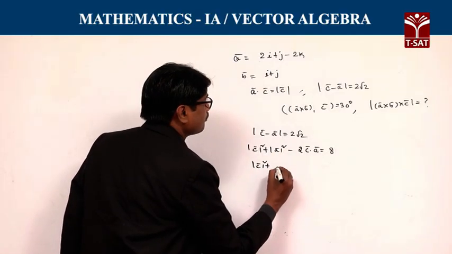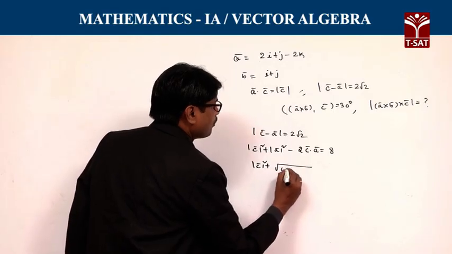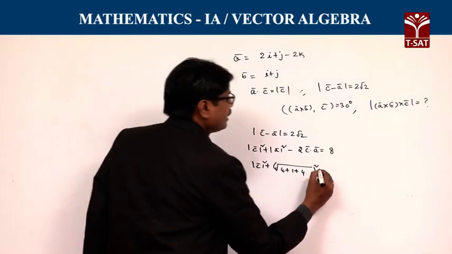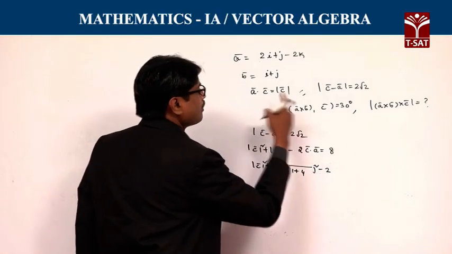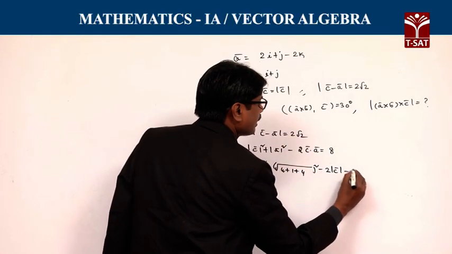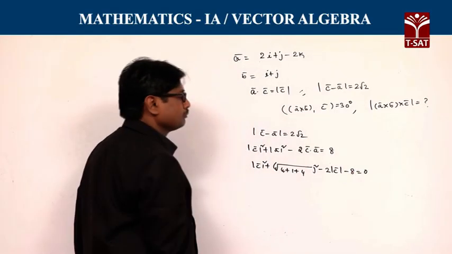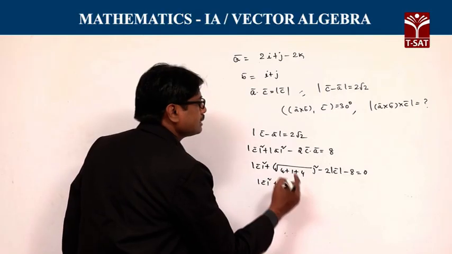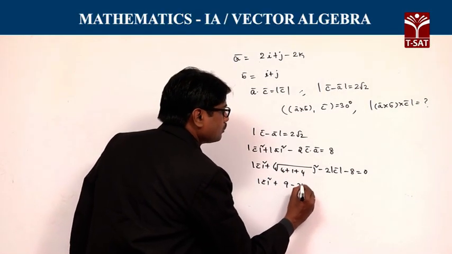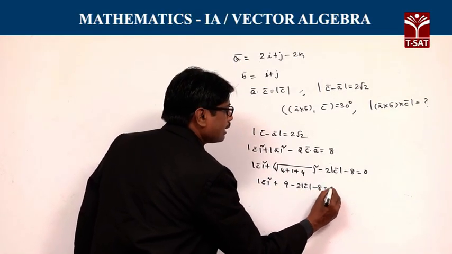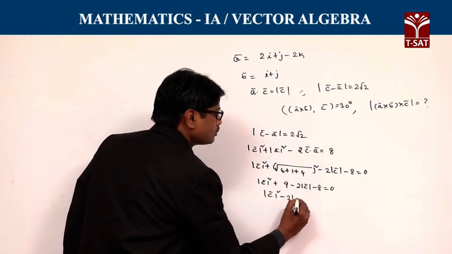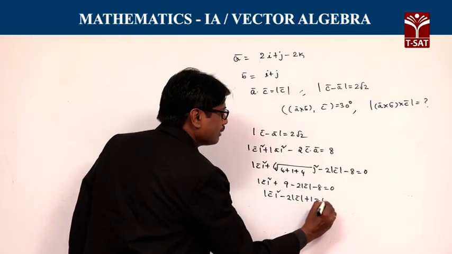That is root of 4 plus 1 plus 4, whole square, and minus 2 into c bar dot a bar, which is mod of c bar, minus 8 equal to 0. Moreover mod of c bar square plus 9 minus 2 into mod of c bar minus 8 equal to 0, which is mod of c bar square minus 2 into mod of c bar plus 1 equal to 0.